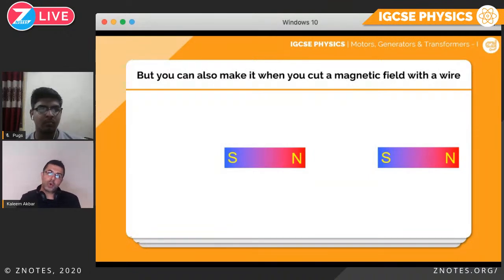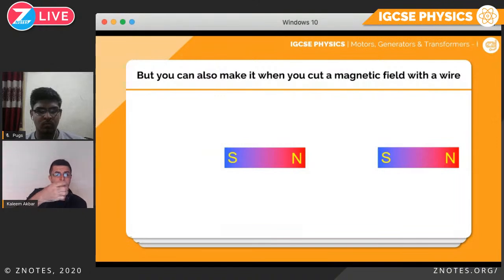Maybe you've had a little toy gun with no batteries, but every time you fire it, there's a little red light at the side. I don't even know if they still have those anymore. Maybe you've seen these science videos where a hamster running around a wheel lights up a light bulb. These are all examples of electromagnetic induction.